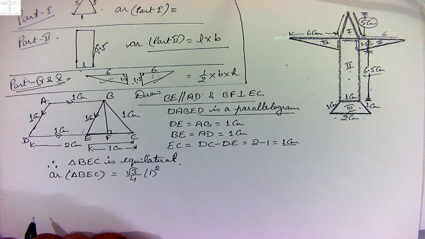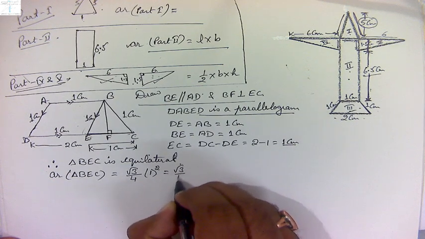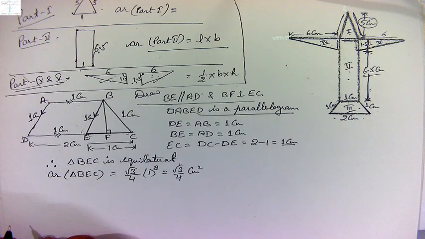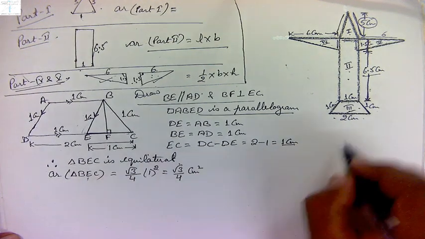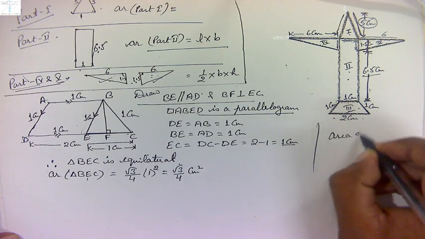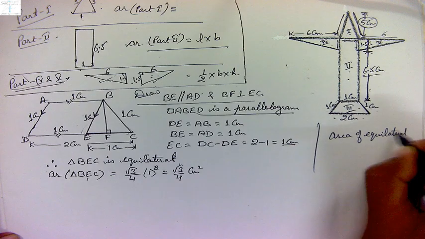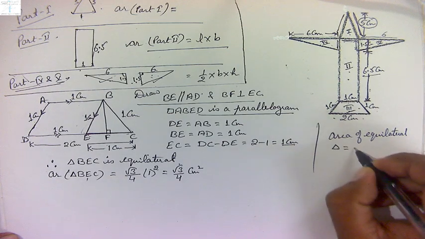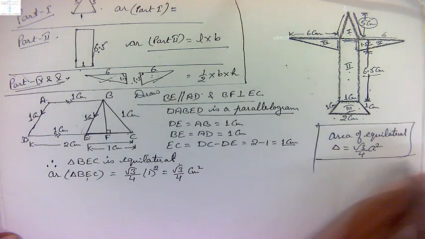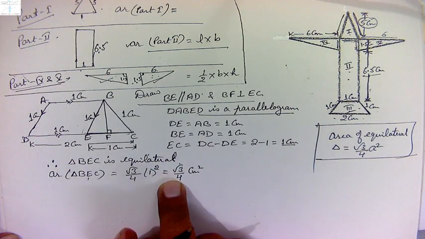A squared means the side squared. So the area of this equilateral triangle becomes under root 3 upon 4 centimeter squared, because the area of an equilateral triangle is given by under root 3 upon 4 a squared. So using this, we get this area now.